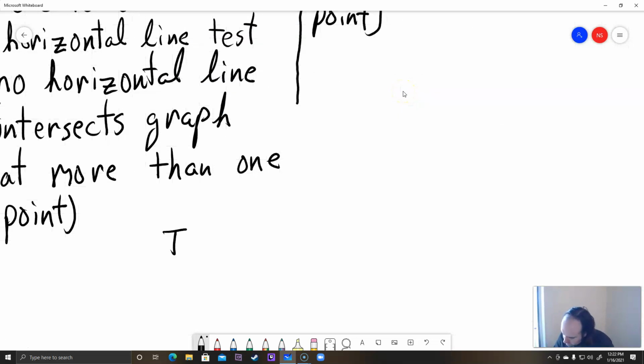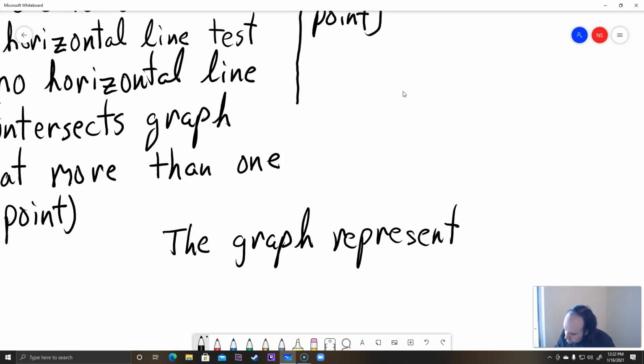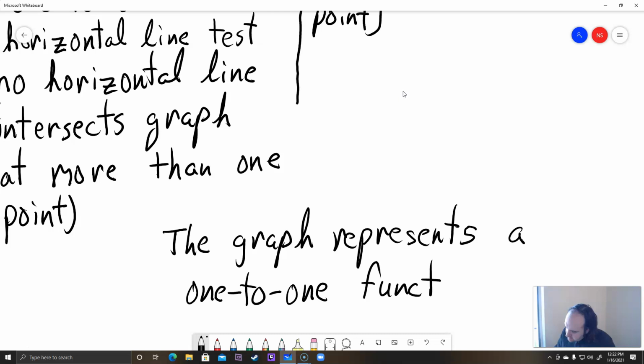Okay, so the graph represents a one-to-one function. To be a one-to-one function, you have to pass both the vertical line test and the horizontal line test.